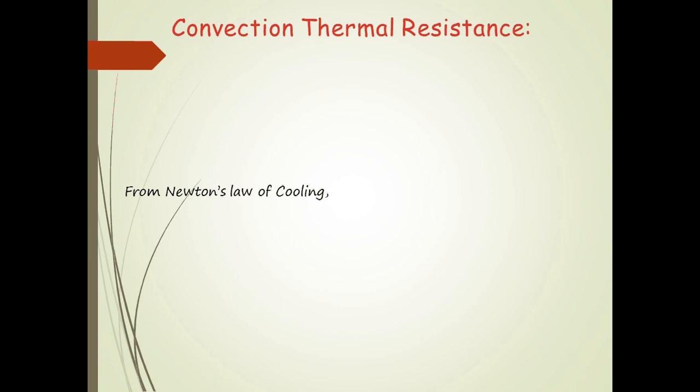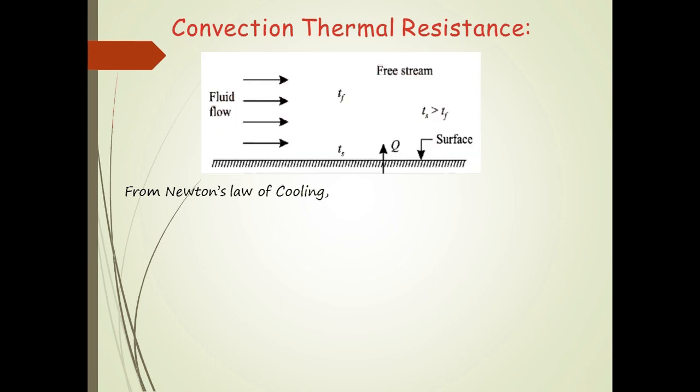So next, convection thermal resistance. So let's take one example. One hot surface is kept in the atmosphere. So what will happen? Air will flow over that hot surface. So that hot surface will transfer heat energy to the fluid, right?